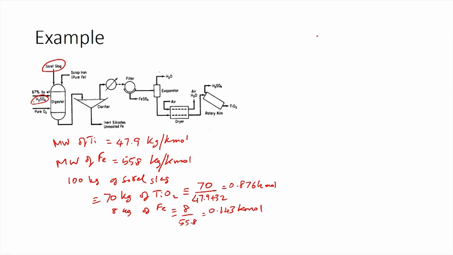The problem statement tells us that H2SO4 is fed based on the theoretical requirement of sulfuric acid as per the Sorrel slag. This means the amount of sulfuric acid which is required to react with TiO2 and iron has been fed. Looking at the stoichiometry, we know that 1 mole of TiO2 reacts with 1 mole of H2SO4.